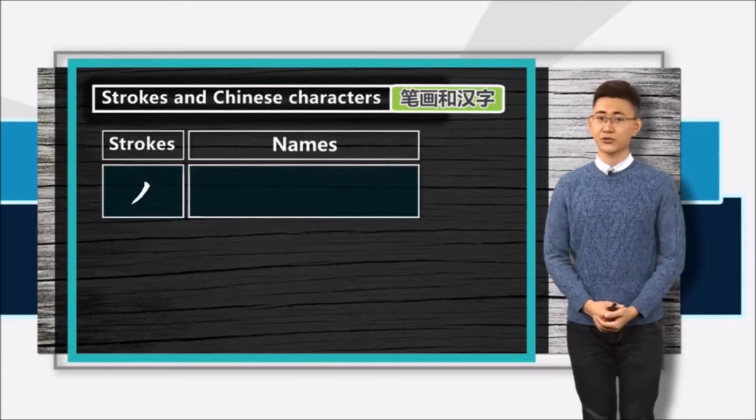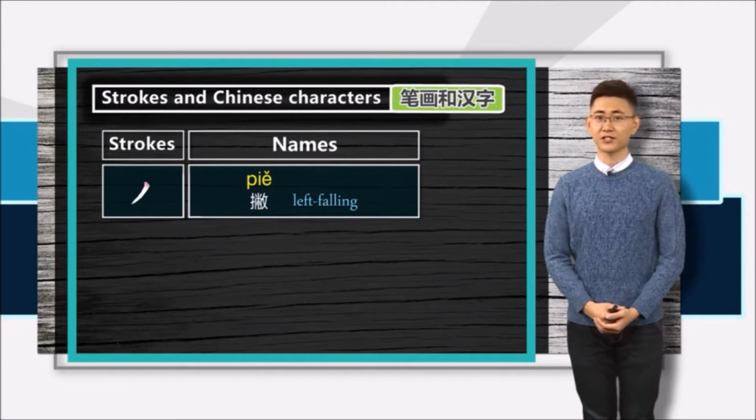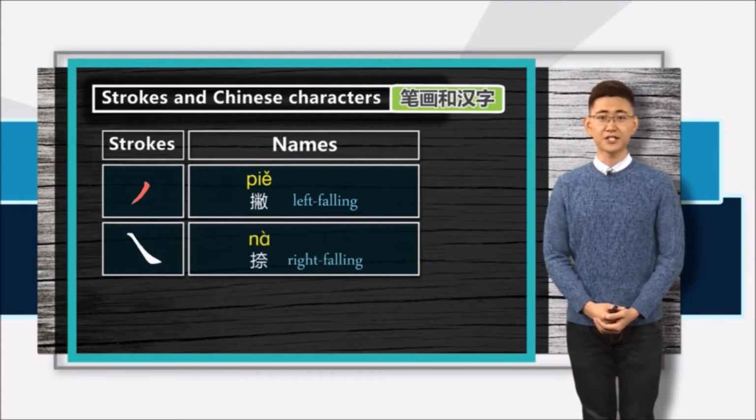Let's look at the next stroke. Left falling. In Chinese, it is called 撇. When writing 撇, you should write from the top to the bottom left. And the next stroke is right falling. In Chinese, it is called 那.